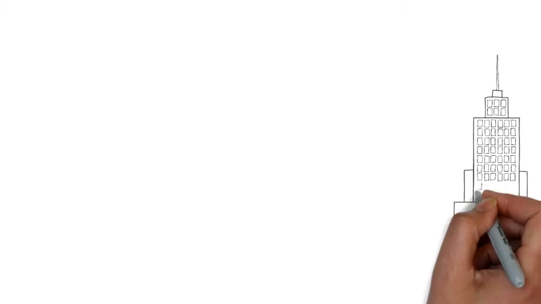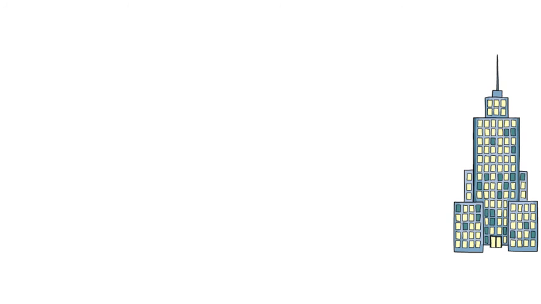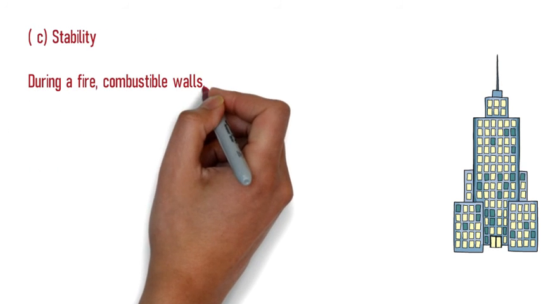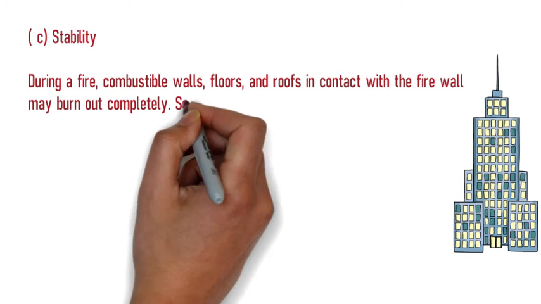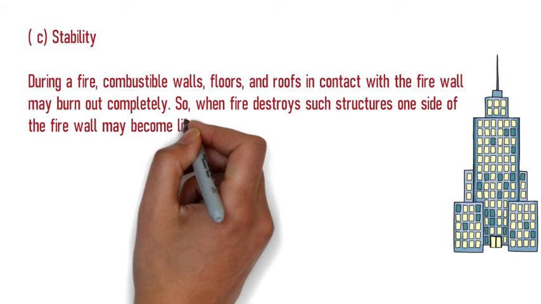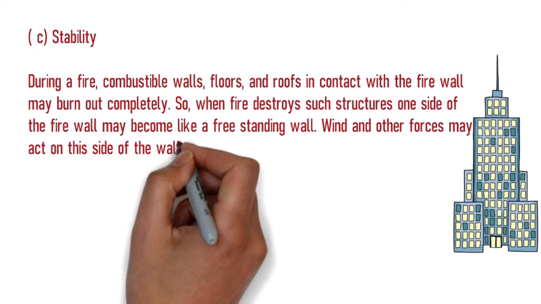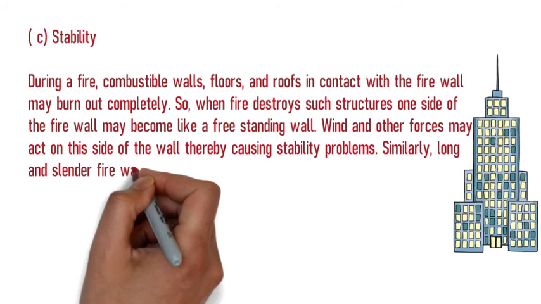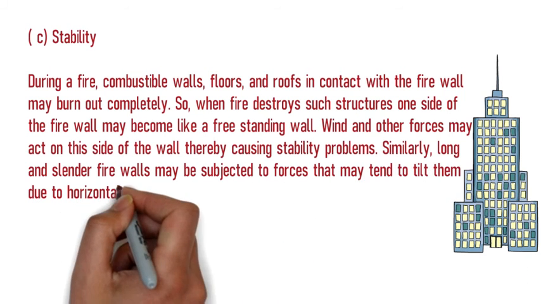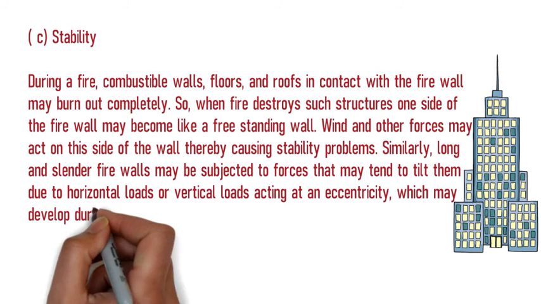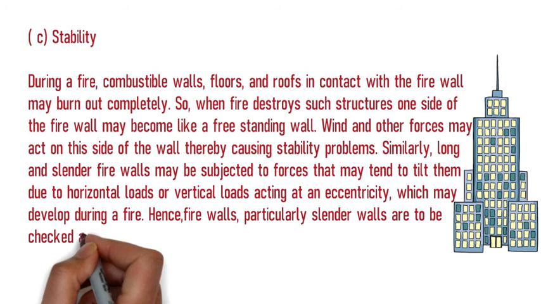The third factor that is important, that is the stability. During a fire, combustible walls, floor and roof in contact with the firewall may burn out completely. So when fire destroys such structures, one side of the firewall may become like a freestanding wall.